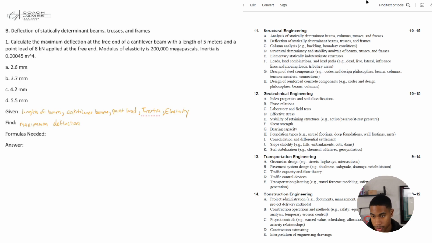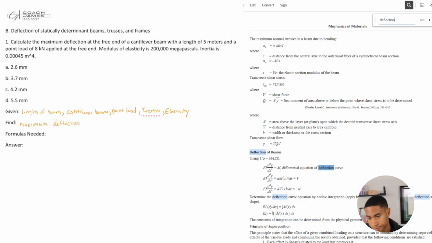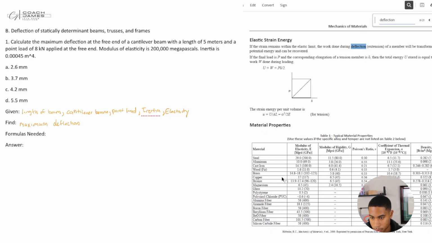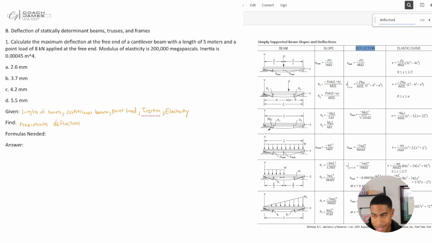All right, so what formulas might we need? Well, I'm assuming we're looking for maximum deflection, then I need to be in a section that's dealing with deflection, right? So deflection of beams, you could begin to look here, but hopefully you know about this section of the manual, right?